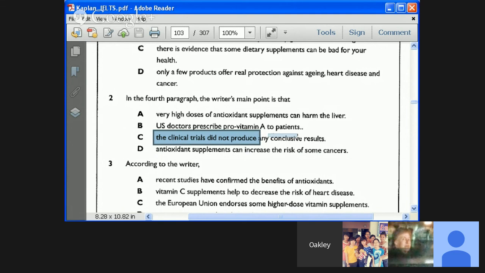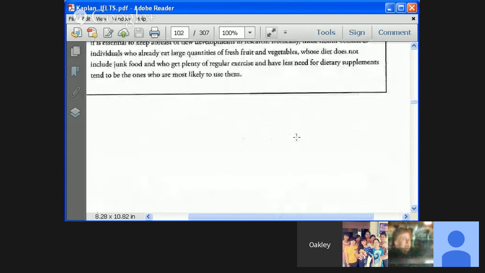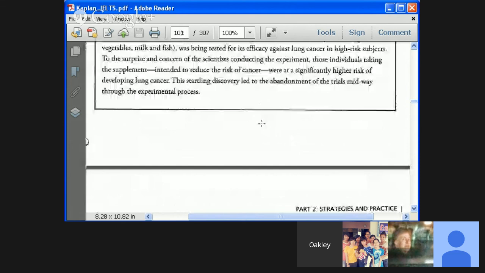If it produced conclusive results, that means it had contradicting results. But there were no results because the trials were stopped halfway through. Abandonment of the trials midway here. Okay. Anyway, I hope you can see. I hope you saw.